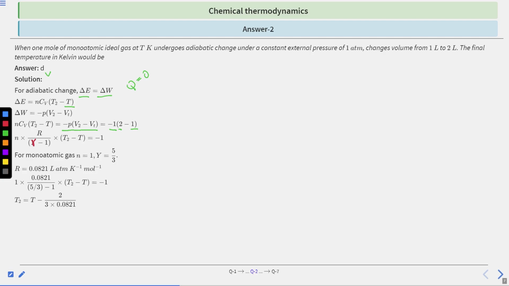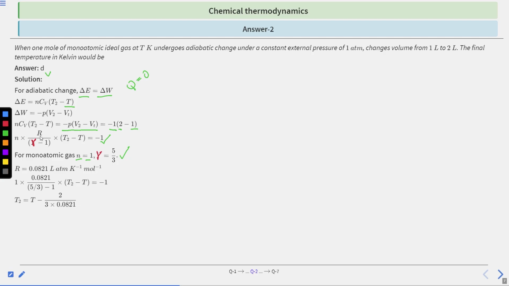R upon gamma minus 1. Okay, this is gamma. So n multiplied by R upon gamma minus 1 multiplied by (T2 minus T) will be equal to this term, which we have calculated as minus 1. For monatomic gases, n equals 1 and gamma will be 5 by 3.